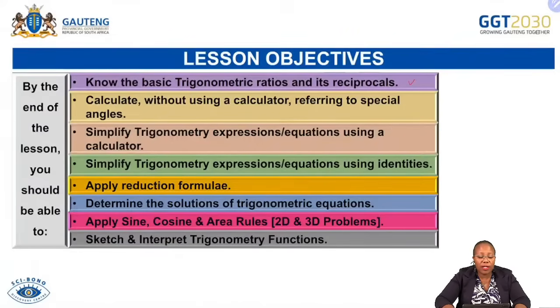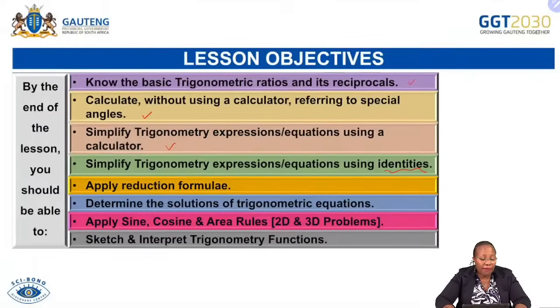Secondly, to calculate without using a calculator, referring to special angles. Thirdly, to simplify trigonometry expressions or equations using a calculator. And number 4, to simplify trigonometry expressions and equations, in this case using identities.